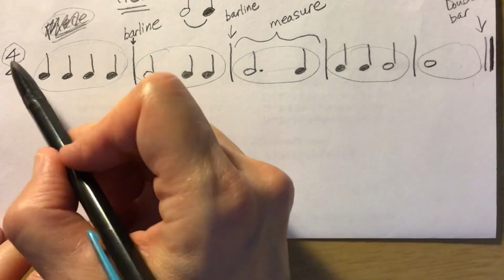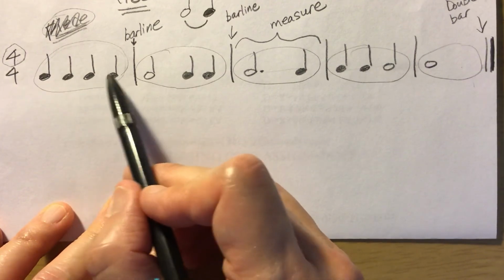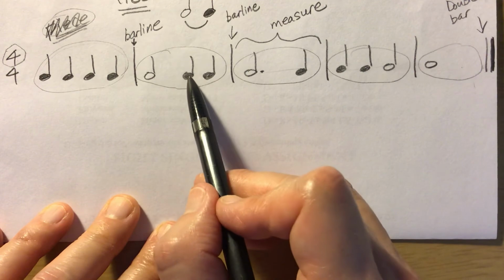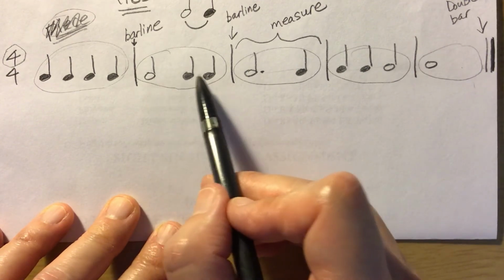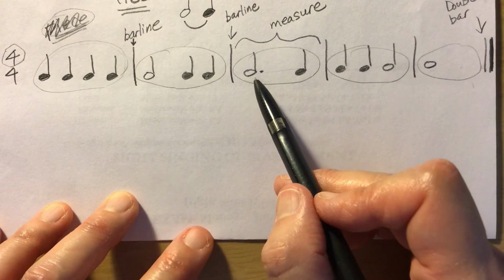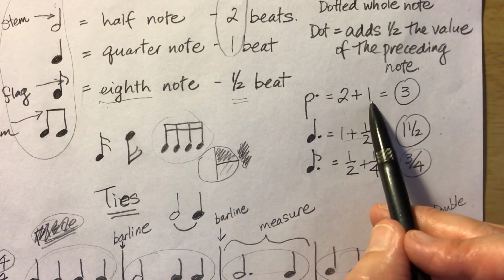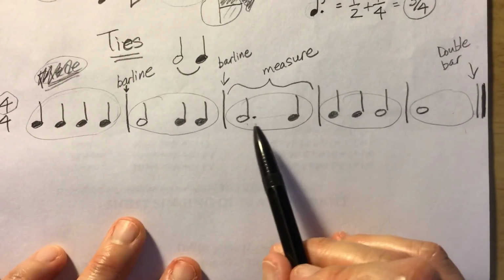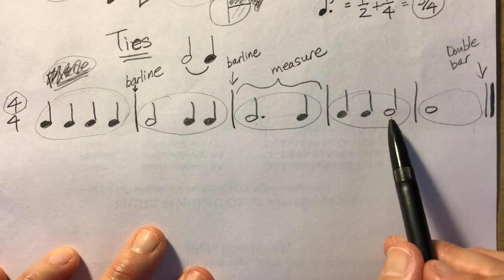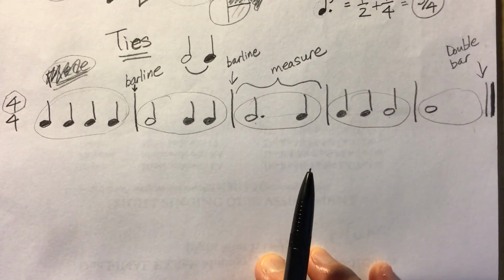They all add up to 4 beats. If these are 1 beat, there's 4 of them, that's 4 beats. That's a 2-beat note, and 1 and 1. 2 plus 1 plus 1, that's 4. Dotted half note, do you remember how many beats that gets? 2 beats plus half of 2 is 1, so 3 beats plus 1 beat, that's 4 beats. And that alone is 4 beats. So you're always going to have that.